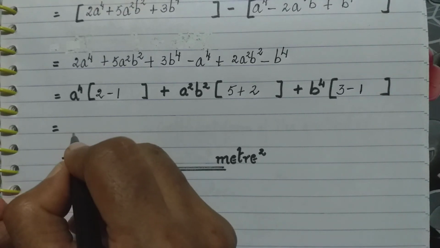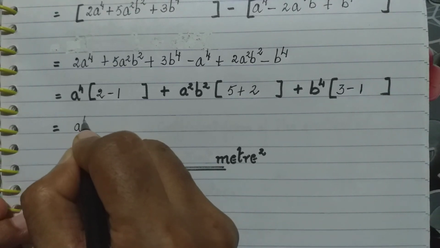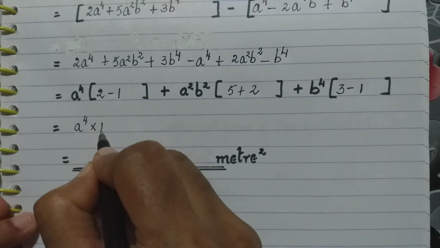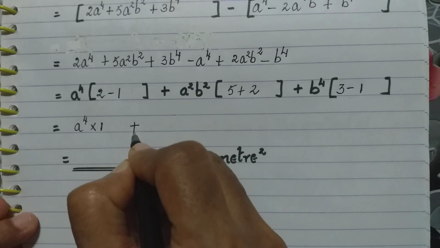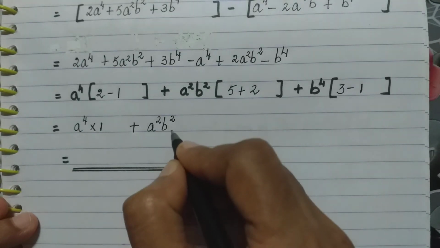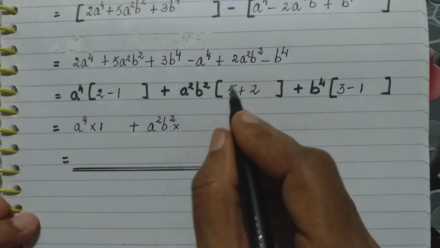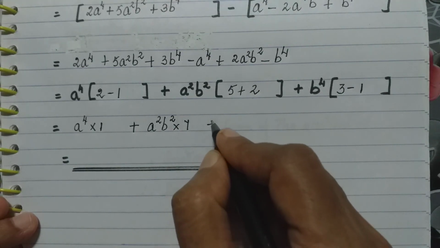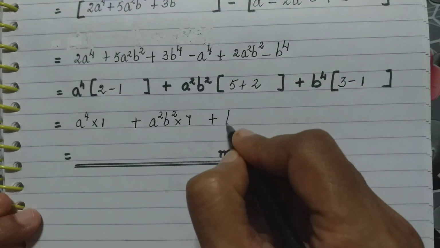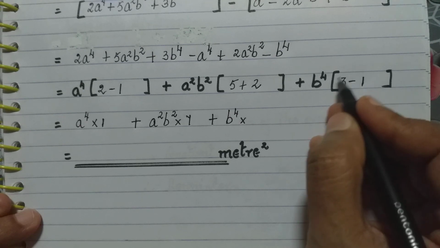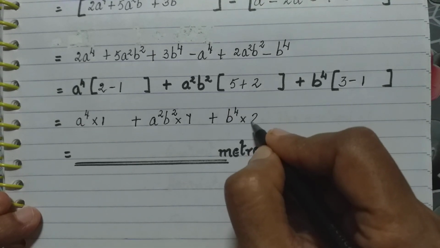So this will be now a raised to 4 into 2 minus 1 is 1, plus a square b square into 5 plus 2 is 7, plus b raised to 4 into 3 minus 1 is 2.